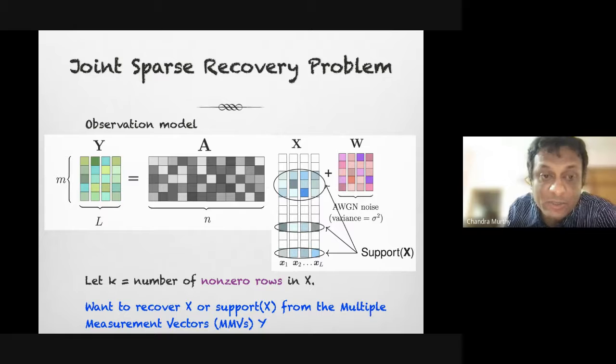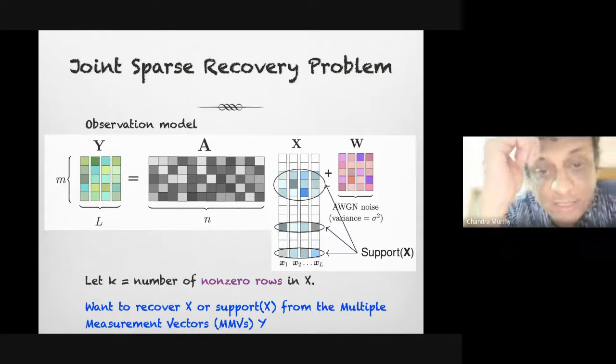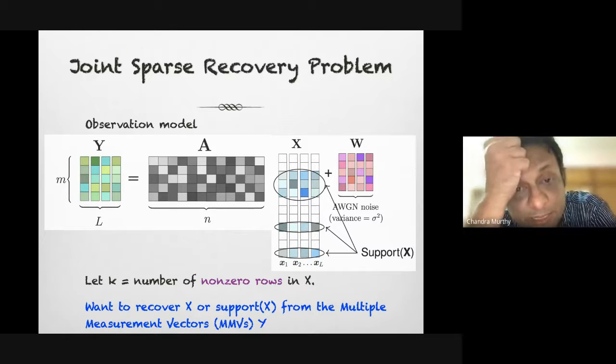And so you get Y, which is a concatenation of vectors y1, y2 up to y capital L. And these y1, y2, etc. are all m-length vectors, which are equal to a projection of a sparse matrix X onto this measurement matrix A plus noise.